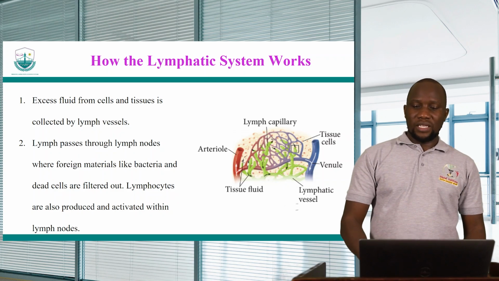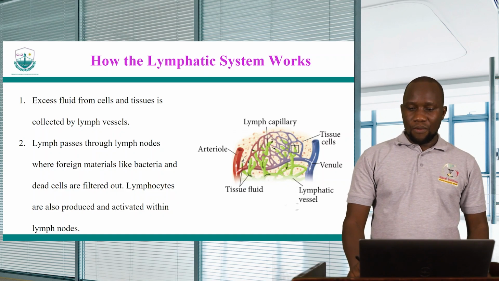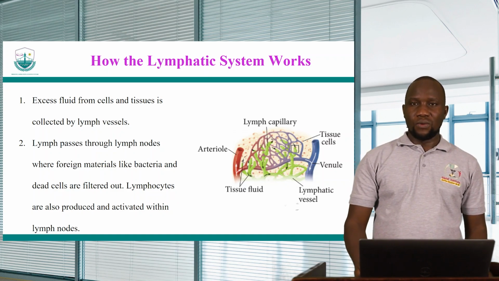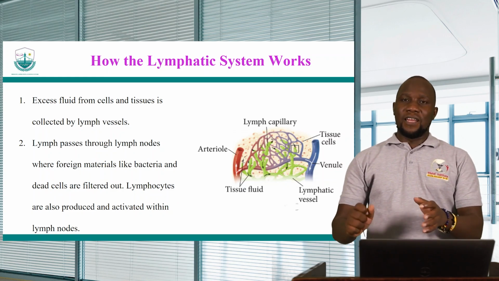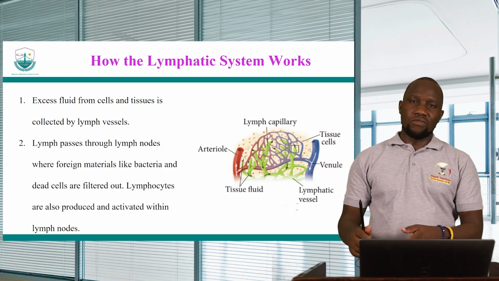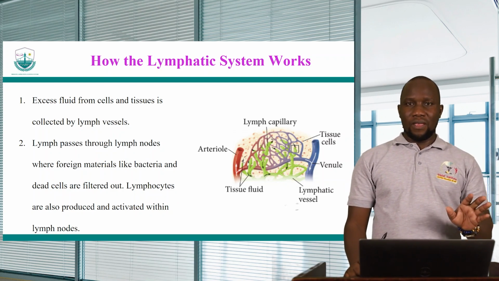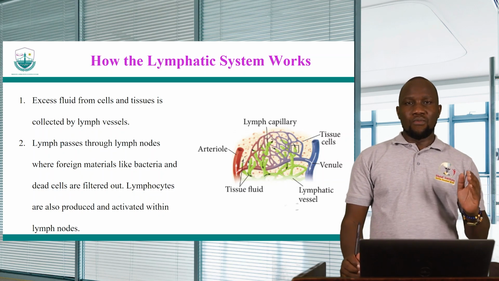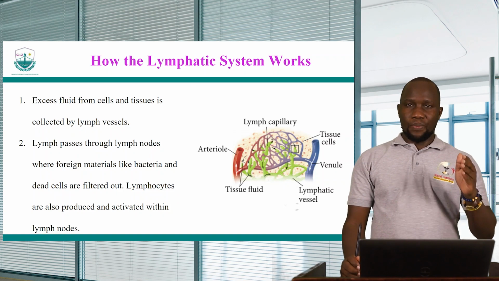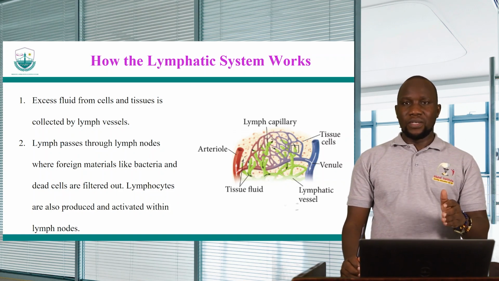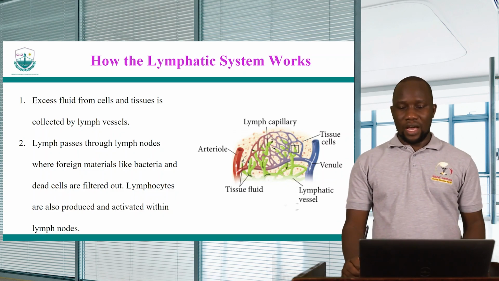The arterioles are the ones that connect to blood capillaries, before forming what we call the venules that will connect to the veins, and the veins will take the blood back to the heart. That is how we have the transition from arteries to arterioles to capillaries to venules to veins that take blood back to the heart.